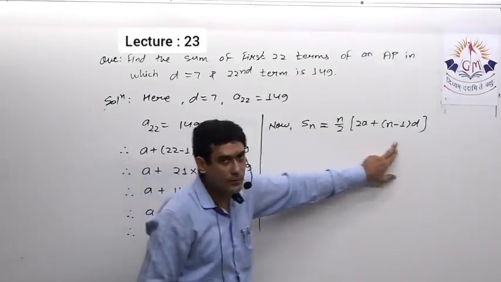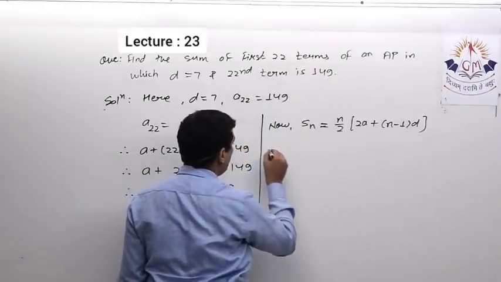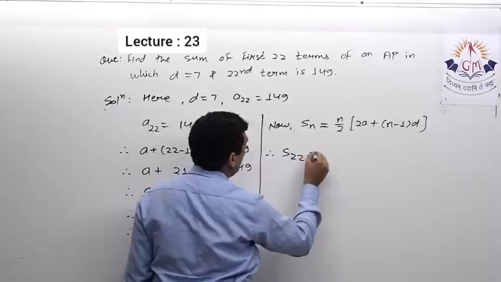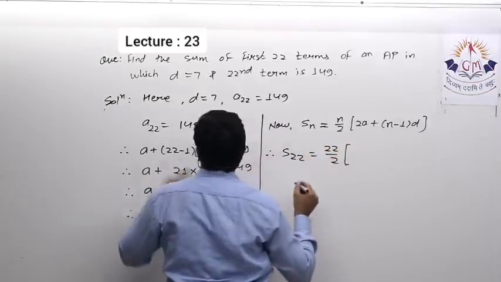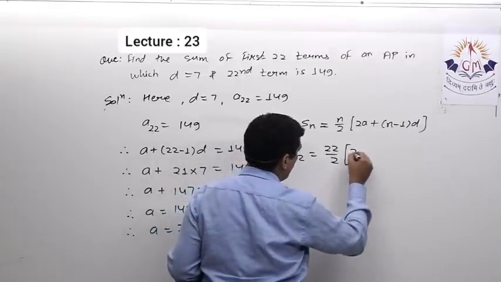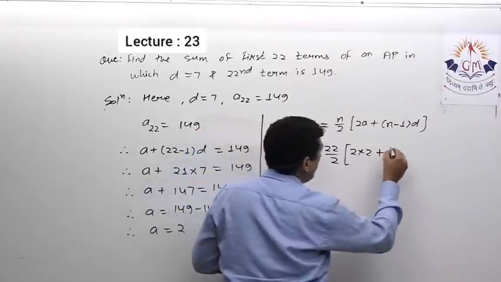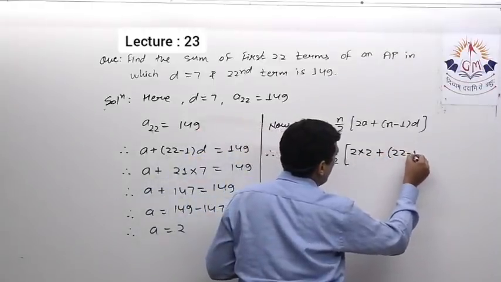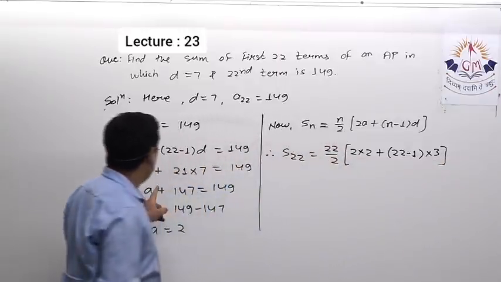Now we need the sum of first 22 terms, that means n equal to 22. We obtained a as 2, plus n minus 1, where n is 22, and d is 3, isn't it? Value of d is 3.